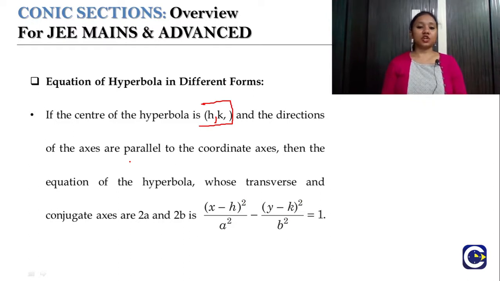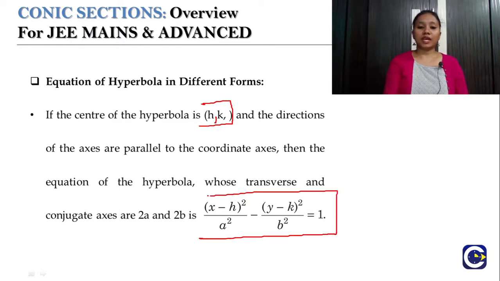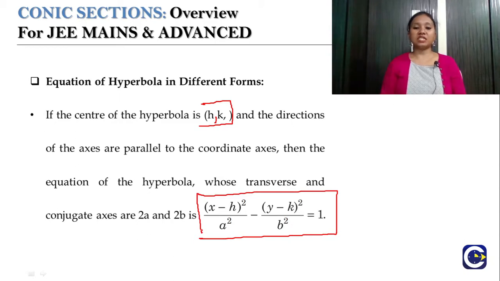Then the equation of the hyperbola, whose transverse and conjugate axes are 2a and 2b, is given by x minus h whole square by a square minus y minus k whole square by b square is equal to 1.